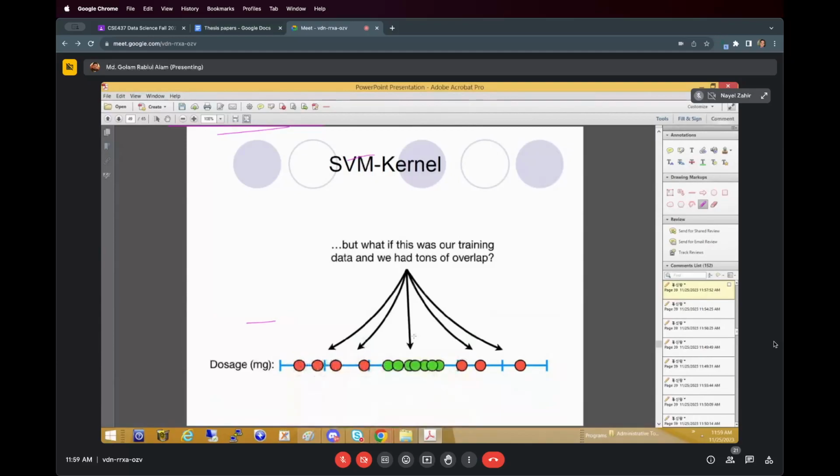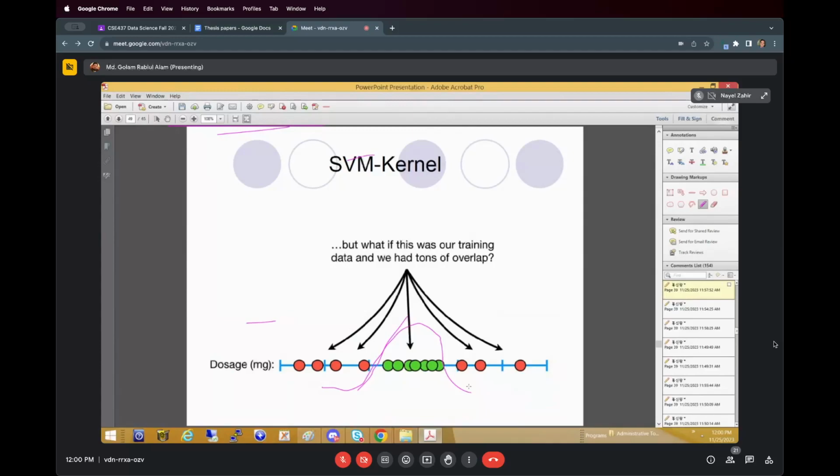It is not possible to draw a single line to separate the positives from the negatives. So what can you do in that case? Maybe the solution is a polynomial. But SVM will not draw that; it will try to transform the data points into a new feature space, and then apply the linear SVM.